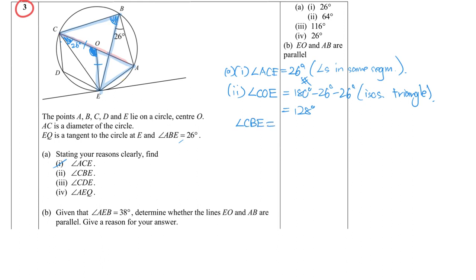Right, these two blue angles. So angle at the center 128 divided by 2, which will be 64. Angle at center equals 2 angle at circumference. See how useful tracing things out are? Right, so I'll write 128 and I'll write 64 here, and I'll erase the rest of the highlights.